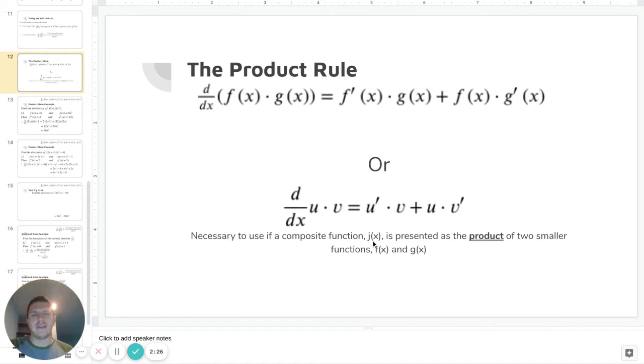We can call it j of x, presented as the product of two smaller functions, f of x and g of x. The way I think about it is, if you have a quadratic function and you want to factor it, you can do that. Or if something's already factored, finding the derivative of a factored function is what we would use this for here.